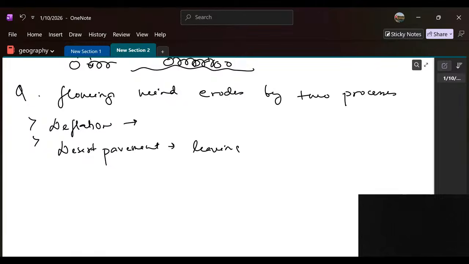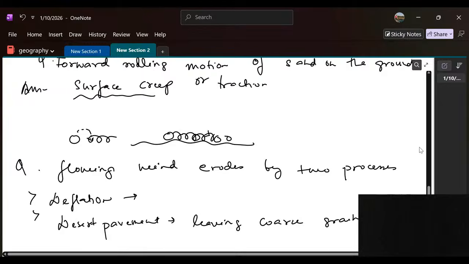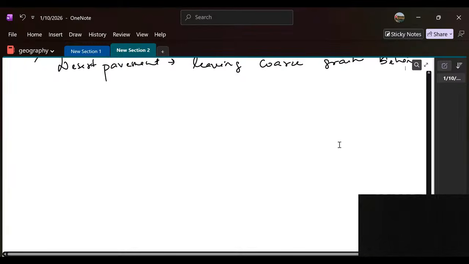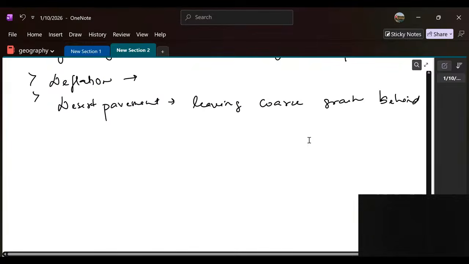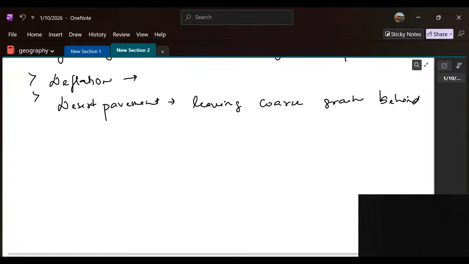Leaving coarse grains behind is the pavement.